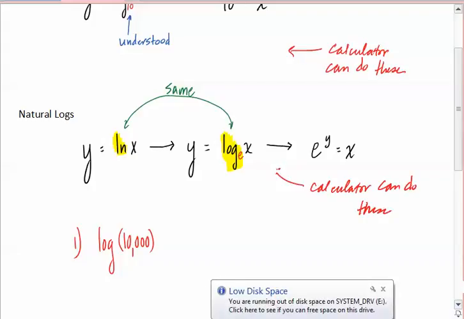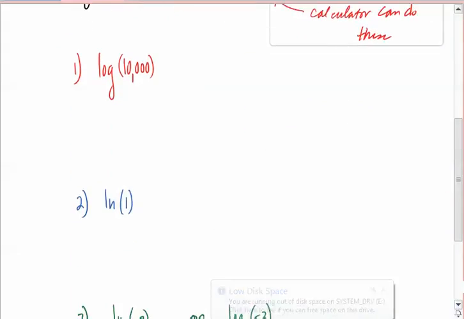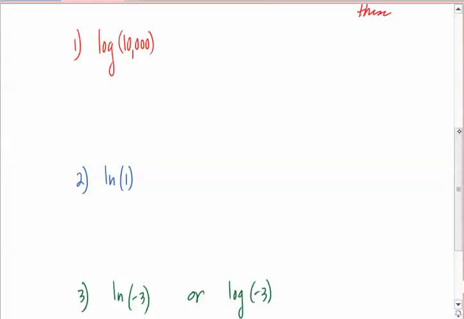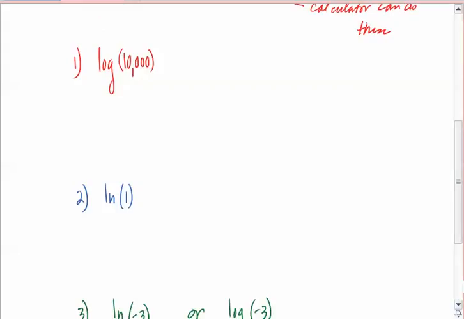But a calculator cannot do any other logarithm other than a common or a natural. So let's take a look at evaluating these. Now, even though the calculator can do these three that I'm showing you, you need to be able to evaluate these on your own.